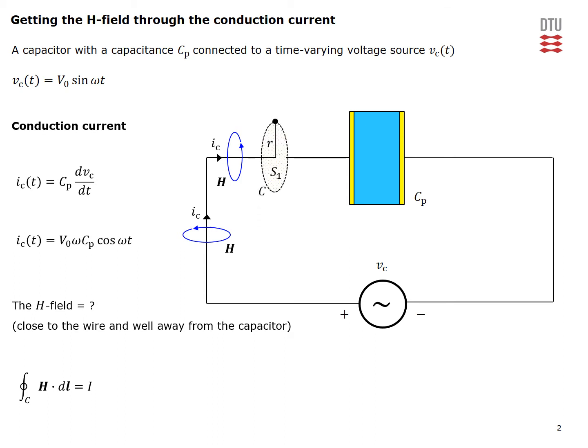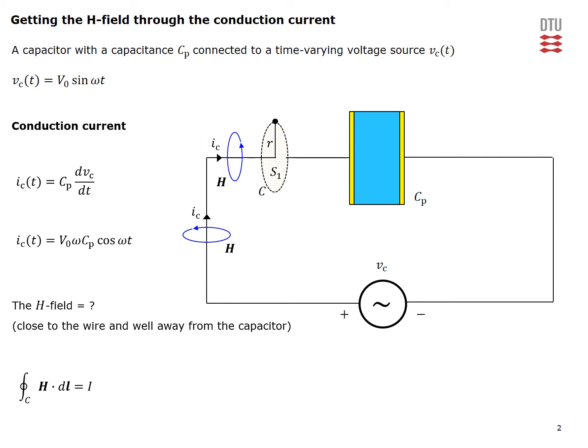Now in this case, the simplest surface to consider is this planar surface S1, and whatever current flows through the surface here is related to the circulation of the magnetic field along this path C, which is bounding this surface S1. And obviously the total current flowing through the surface S1 is equal to our conduction current, which is flowing through the wires.